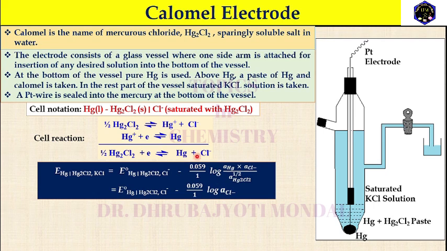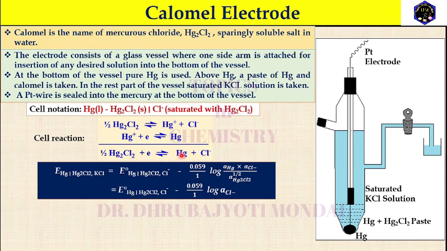Now we have to know the Nernst equation for that reaction. E of Hg2Cl2, KCl is equal to E0 Hg2Cl2, Cl minus, minus 0.059 by the number of electrons exchanged, which is 1, log of concentration of Hg, concentration of Cl minus, divided by concentration of Hg2Cl2.